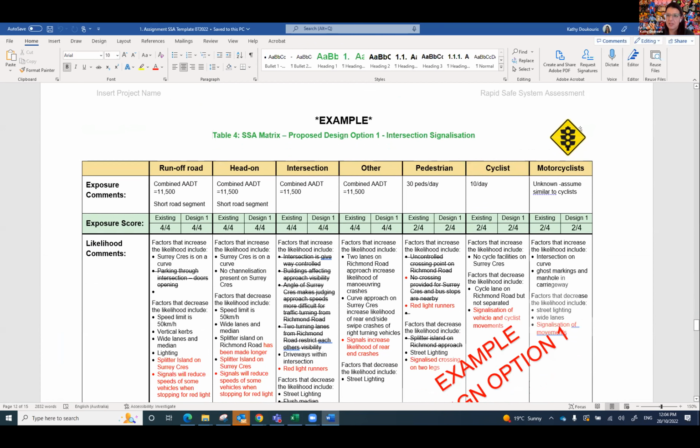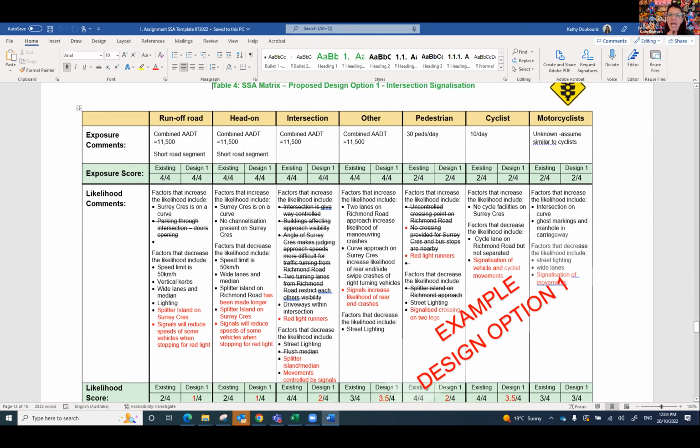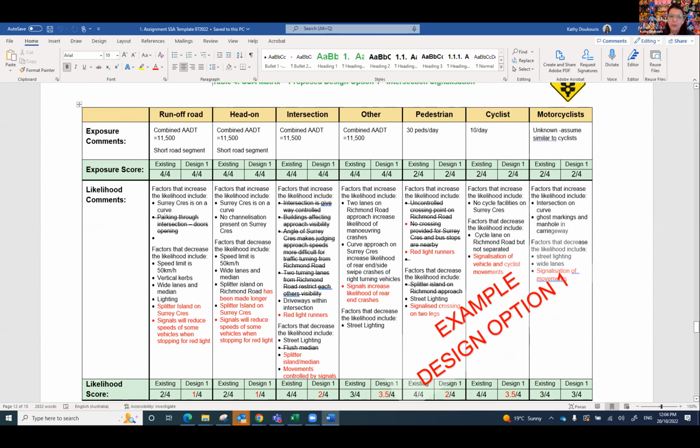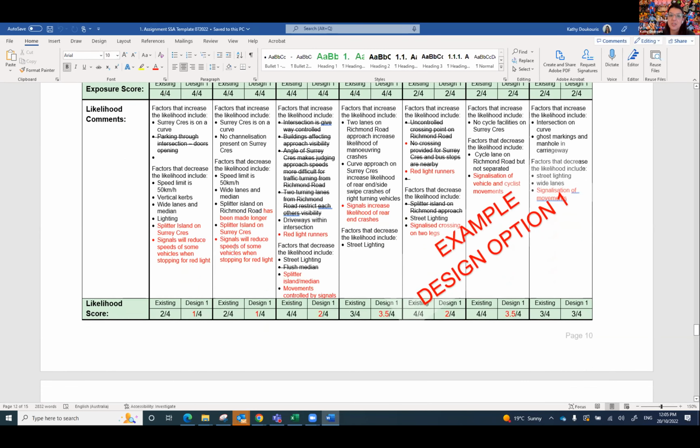And we're only giving you one design option. You can see we've put a picture here of what the design option is. And then what you do is you go through and cross out anything that has changed because of that design. So anything that has changed, that isn't relevant anymore, you cross out. Anything that's new, you put in red.